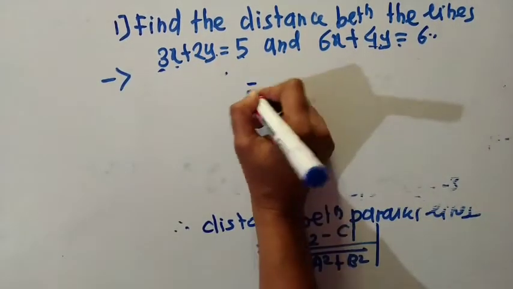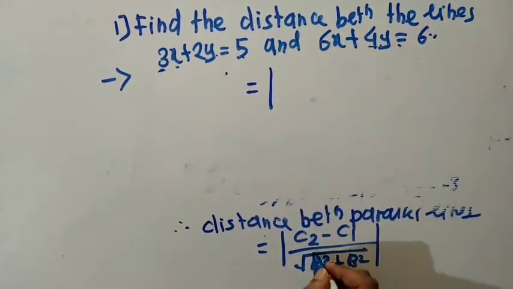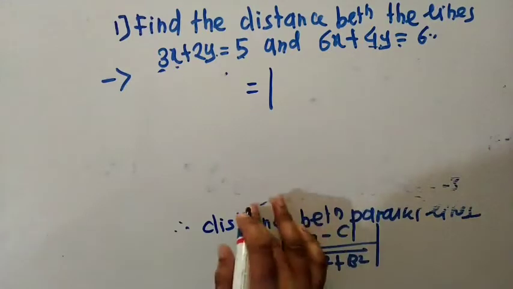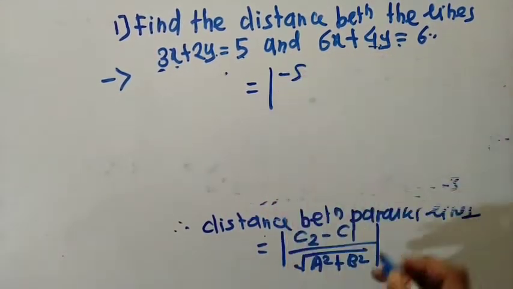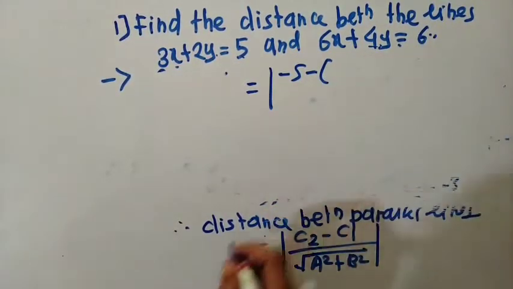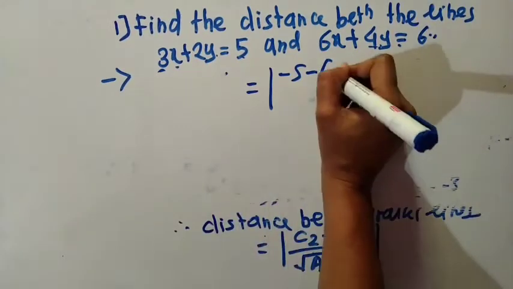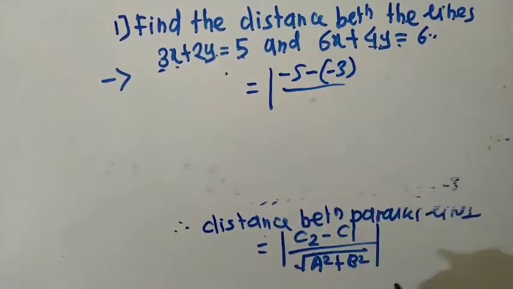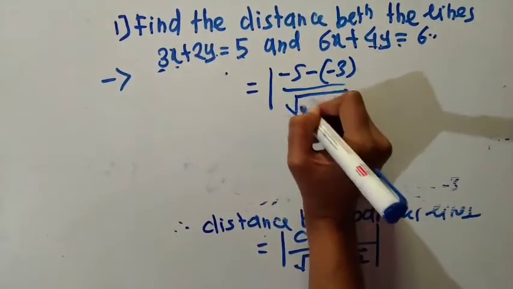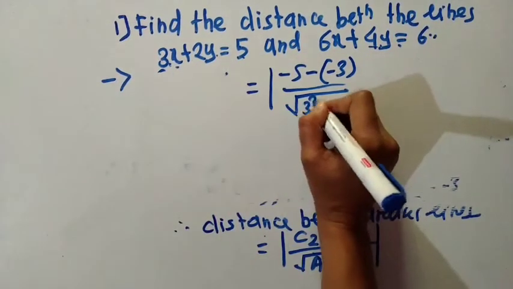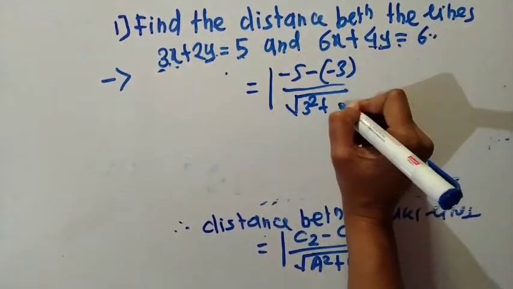Hence we get, c2 is -3, c1 is -5, upon root of a square, that is 3 square plus 2 square.